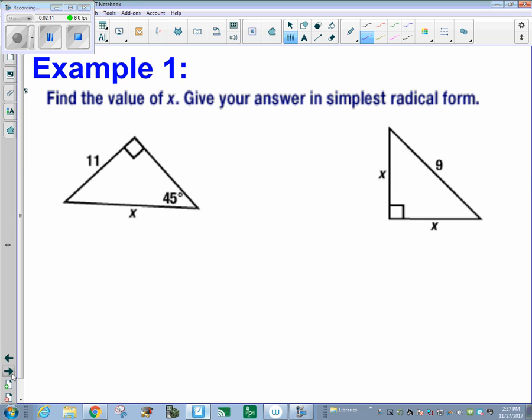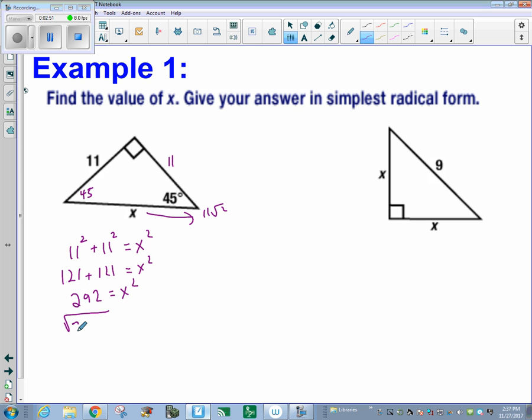So let's try a couple examples here. In this first example, we're looking for the hypotenuse, and since this is 45 and that one's 90, I know this angle is 45 degrees, and that would make this an isosceles triangle. So I get 11 squared plus 11 squared equals x squared. I could just say, if this leg is 11, then by my shortcut the hypotenuse is 11 root 2. Well, that's what will happen down here. I get 121 plus 121 equals x squared, 242 equals x squared.